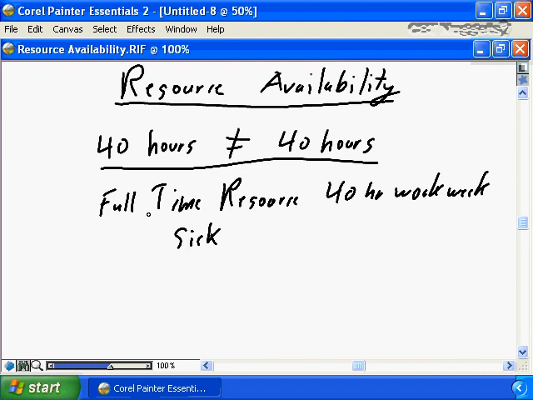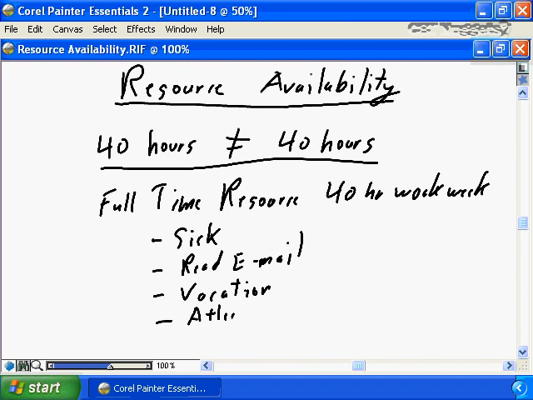That full-time resource is going to take non-project time to read email, for example. That full-time resource is going to take annual vacation. That full-time resource is going to attend departmental meetings.